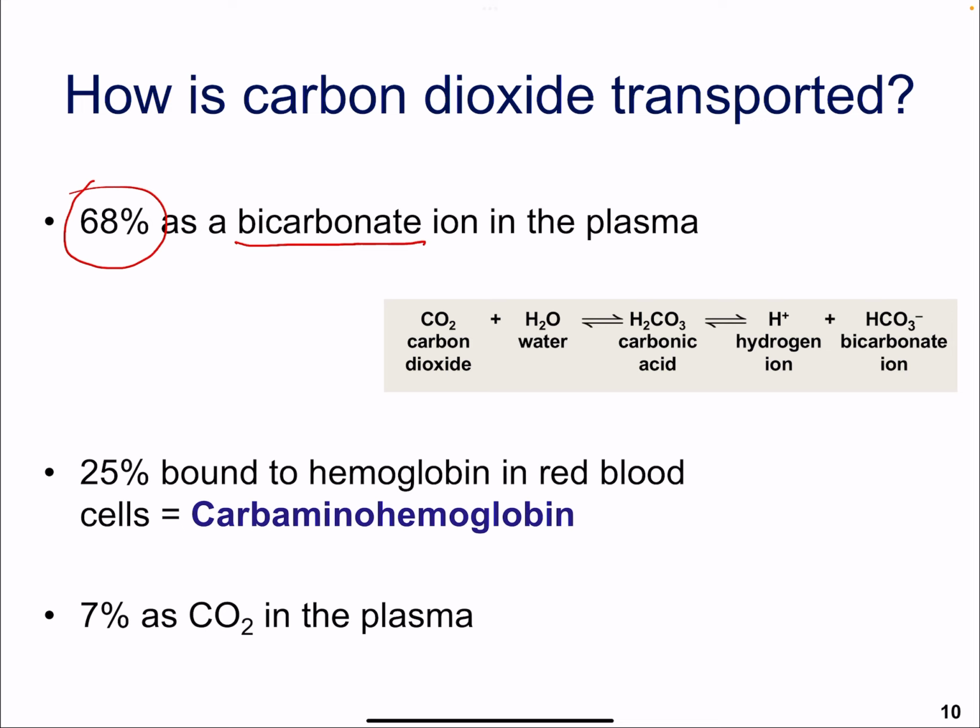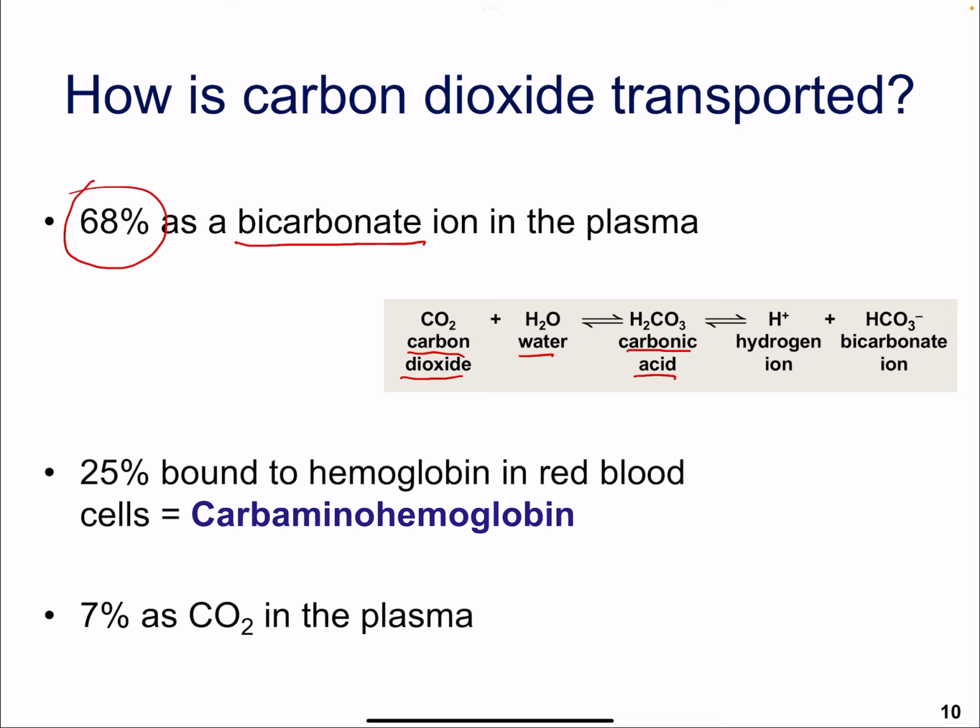How so? Basically, you have carbon dioxide that combines with water. You know that water is abundant in our body, right? That combination of carbon dioxide with water is going to produce an intermediate metabolite that is called carbonic acid.